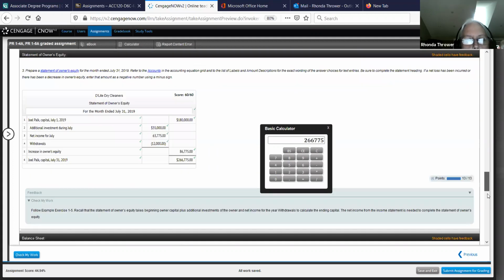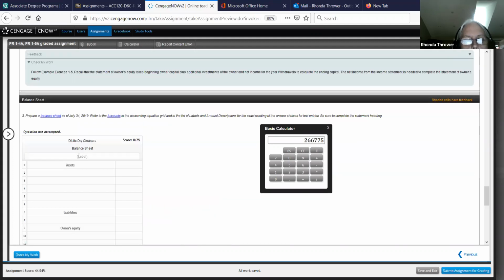We don't put for the month ended. It's just for one specific day and 1 day only. That is the last day of the accounting period. So all of your assets should be listed, your liabilities, and your ending owner's equity as of this date are what we're going to put down on the balance sheet.